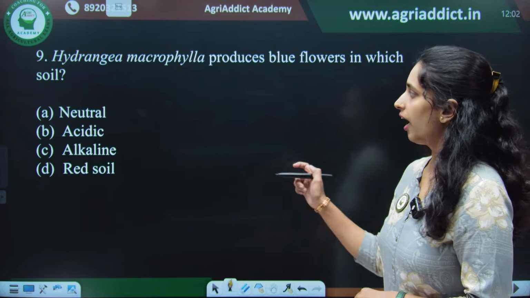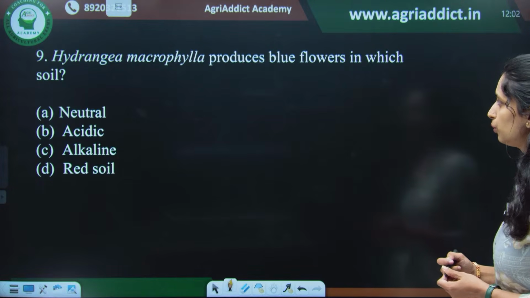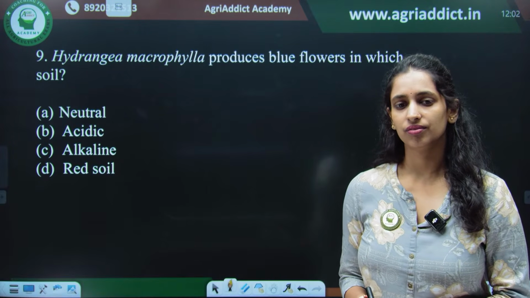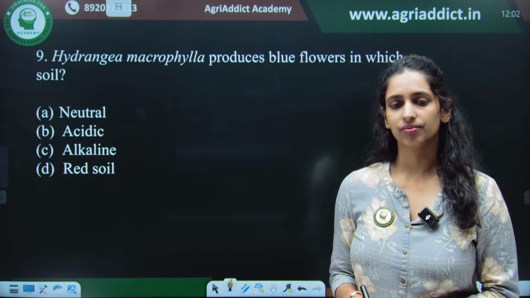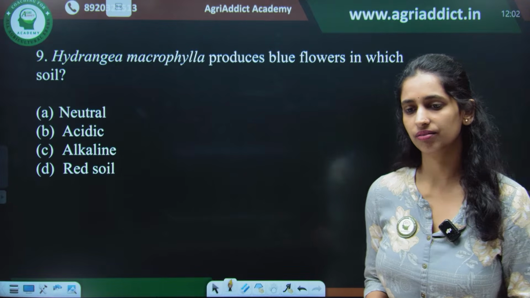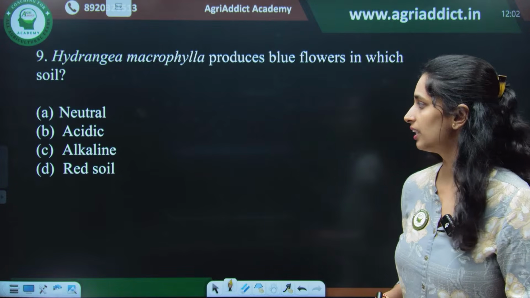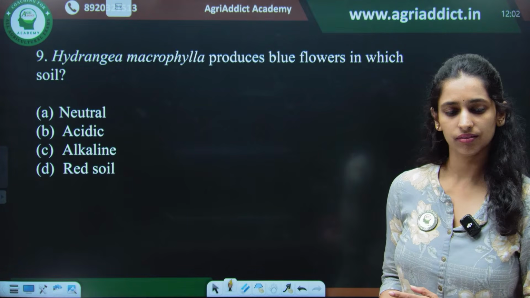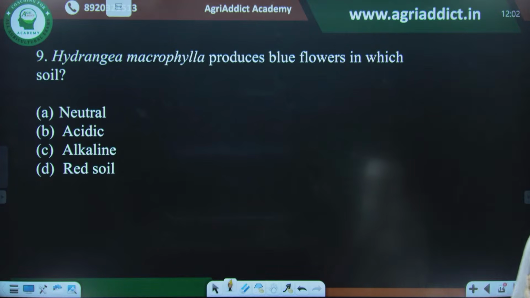Ninth question. Hydrangea macrophylla produces blue flowers in which soil? Can anyone say? Some are saying B, some are saying C. Okay.